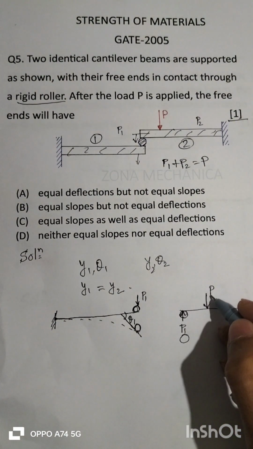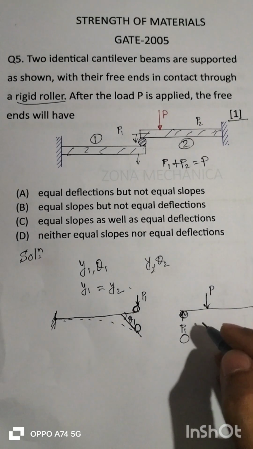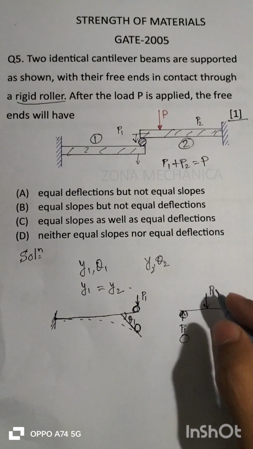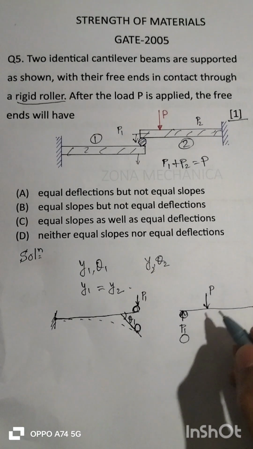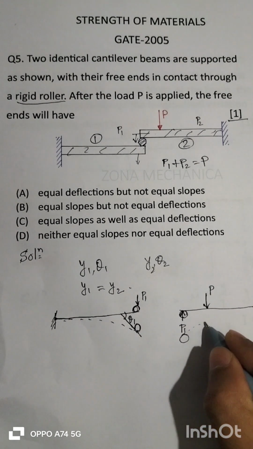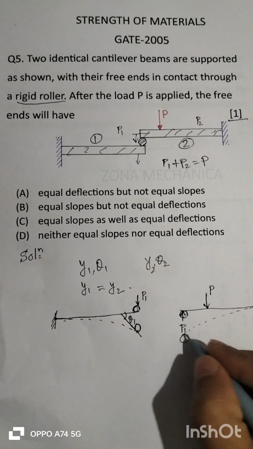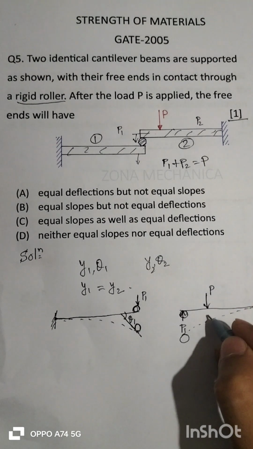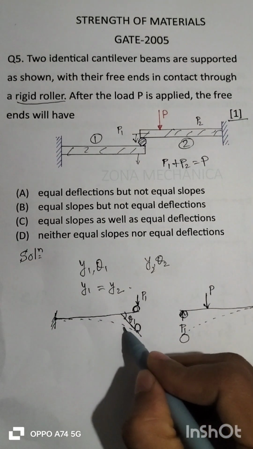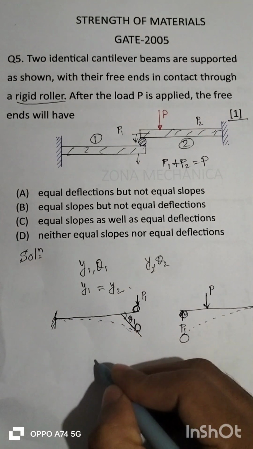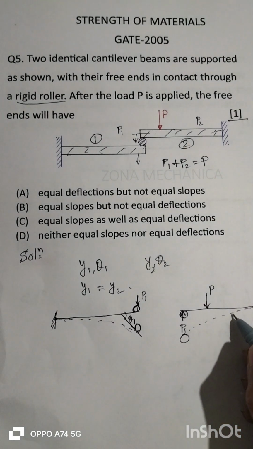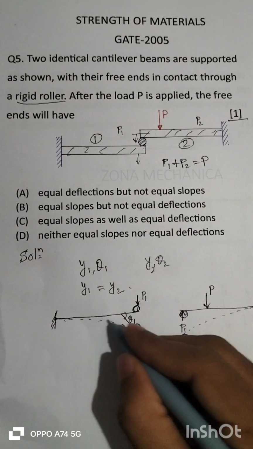Based on the extent of load, it may deflect in different shapes. For a lesser value of P, it will deflect like this. Since the external load is acting over here, the curvature will be less than this curvature. I mean, here the radius will be high, and here the radius will be less.